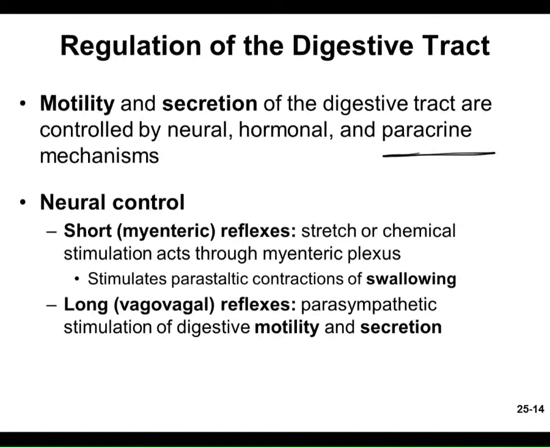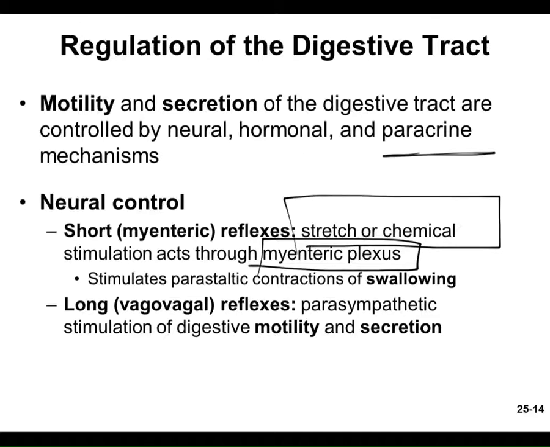So the neural control. I've already mentioned these two portions of the enteric nervous system. The short reflexes, the myenteric reflexes, are brought about by the myenteric plexus. This is a stretch reflex or a chemical stimulation, and this is what's going to stimulate peristalsis of swallowing.